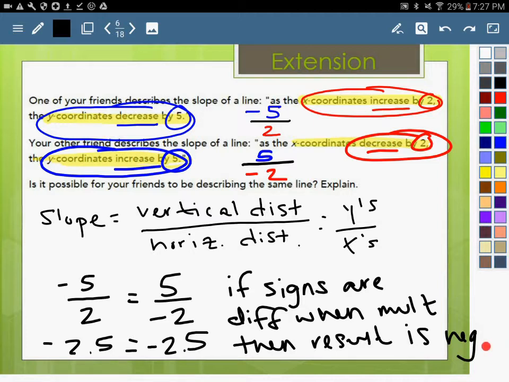Now, if they shared the same sign, if it was -5 divided by -2, a negative divided by a negative is positive. So if you have the signs being the same, that's positive. If you have the signs being different, that's negative. So in this case, both friends would have been describing the same line.